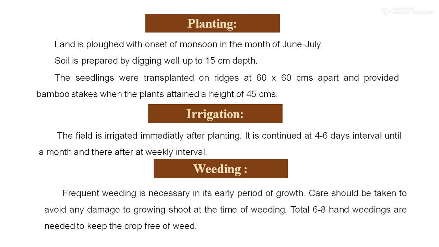Weeding. Frequent weeding is necessary in the early period of growth. Care should be taken to avoid any damage to the growing shoots at the time of weeding. Throughout its growing period, 6 to 8 hand weedings are needed to keep the crop free from weeds.